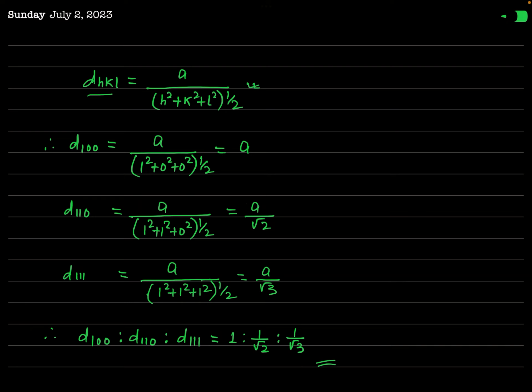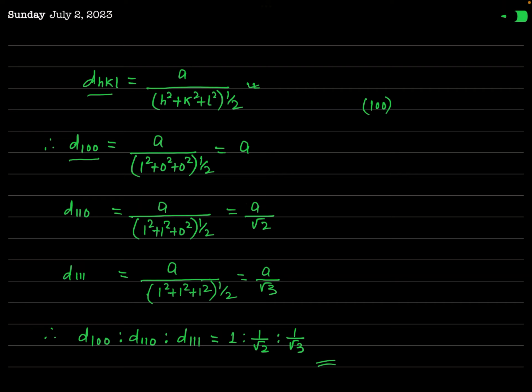Now if you talk about the crystal planes defined by the Miller indices 1, 0, 0, so if you consider two crystal planes 1, 0, 0, the distance between such two crystal planes will be denoted by D_100, and that will be what?